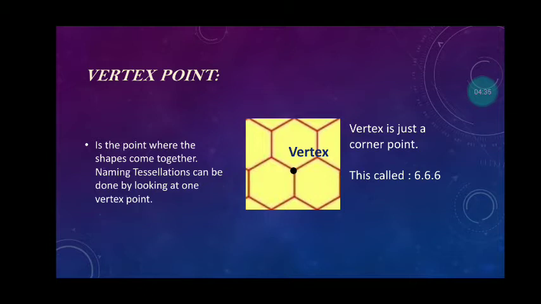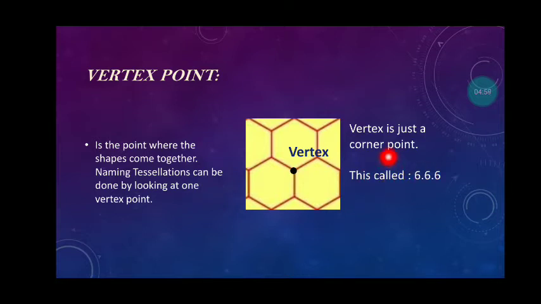As you can see in the picture, this is an example of a vertex in hexagonal tessellations. This is the central or corner point, the vertex. And why is this called 6.6.6?